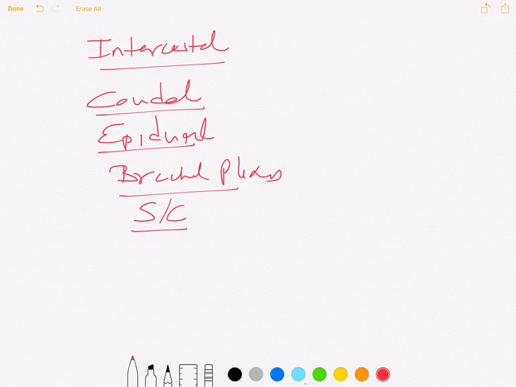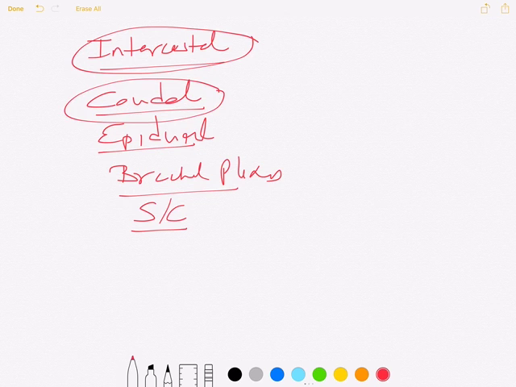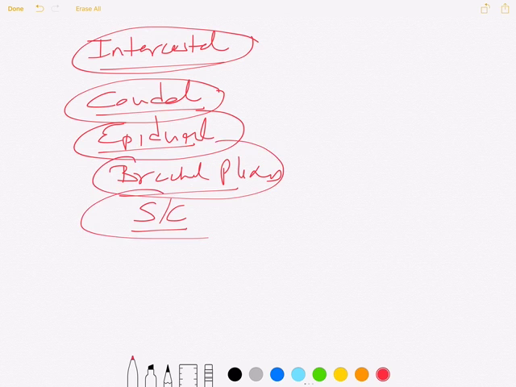Now I say bioavailability, someone might say bioavailability is the concentration at the target site. Let me correct myself, if there's some pharmacologist watching this: the highest plasma concentration is achieved if you give the same dose through the intercostal route, then caudal, then epidural, then brachial plexus, then subcutaneous.